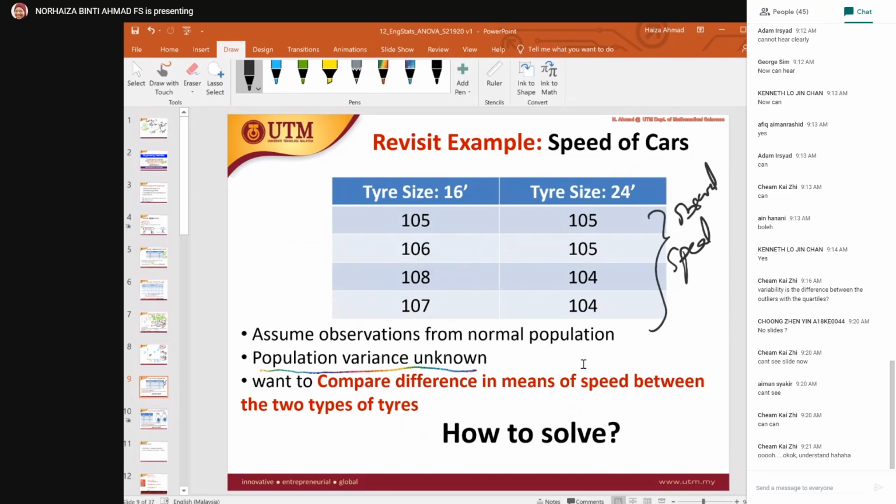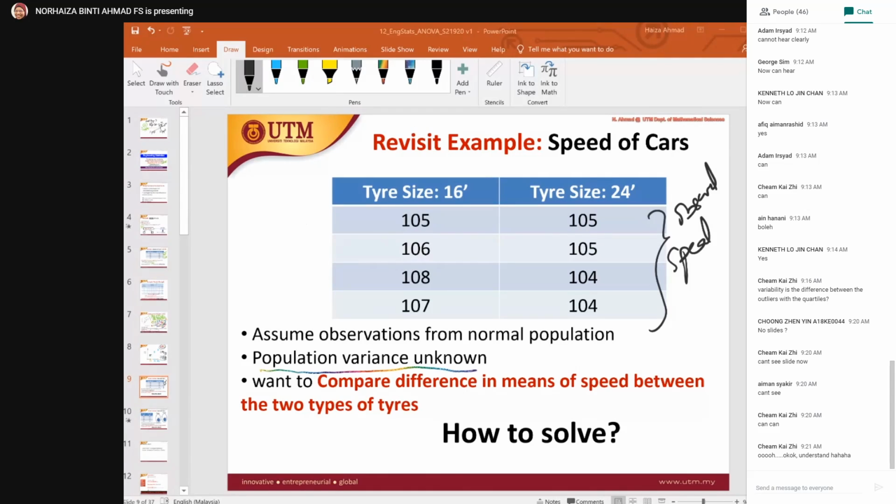Can you suggest to me any test that you can use to compare the difference in the means of speed? Class? Can you suggest a test that you can use to compare the different means of the speed between these two tires?